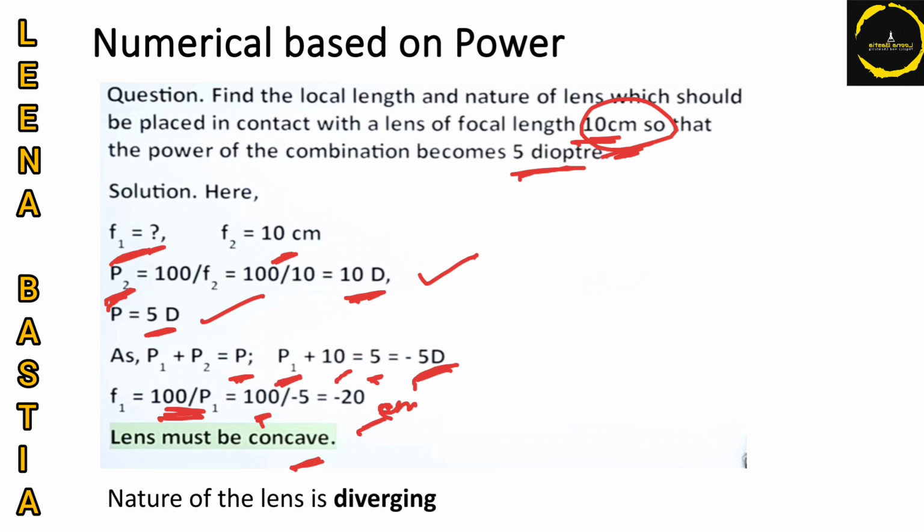The nature of the lens has been asked, and because it is a concave lens, we can say the nature is diverging. Clear? Just see, the nature of the lens has been asked, so you have to write whether it is converging or diverging. If it had asked what type of lens, then you would write concave or convex lens.